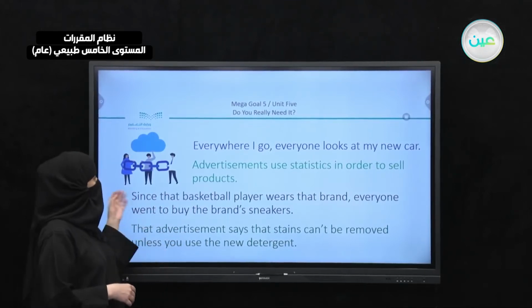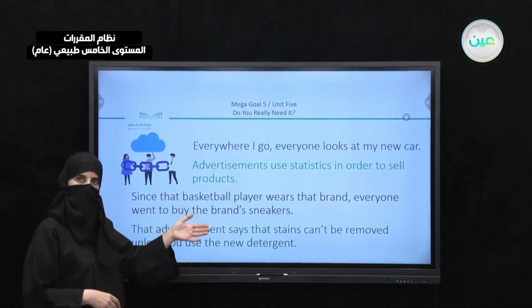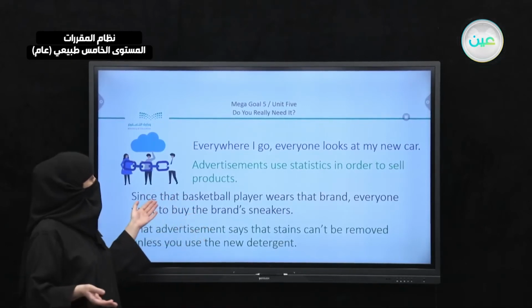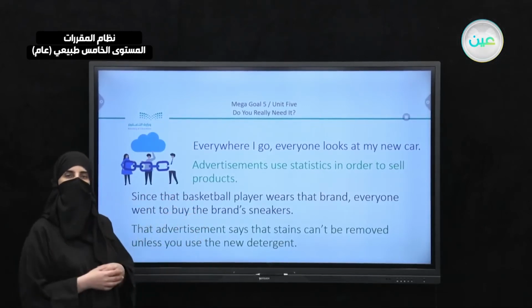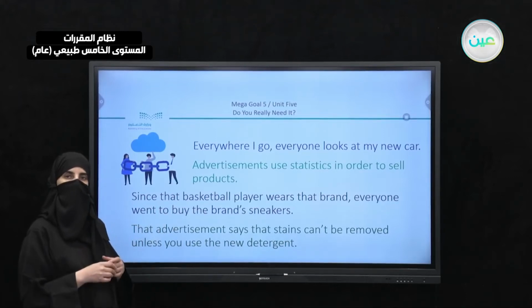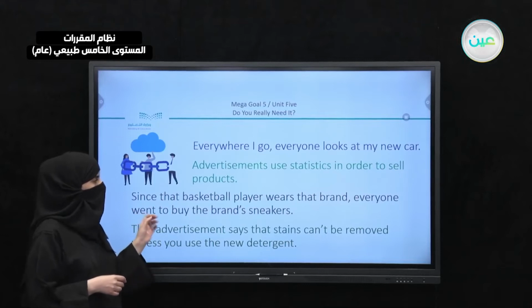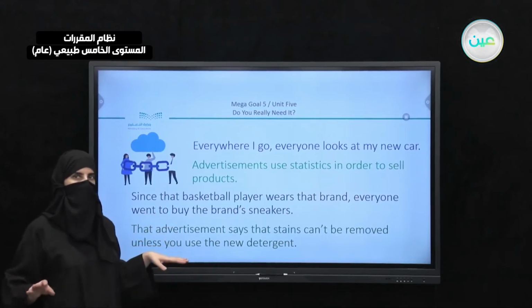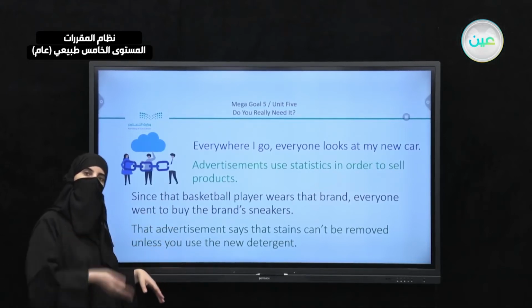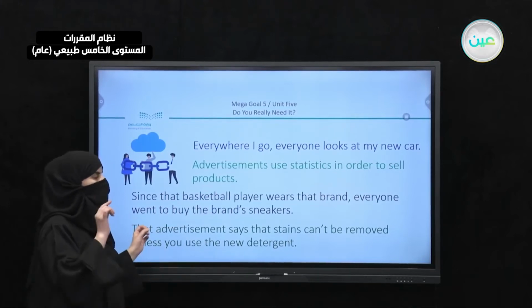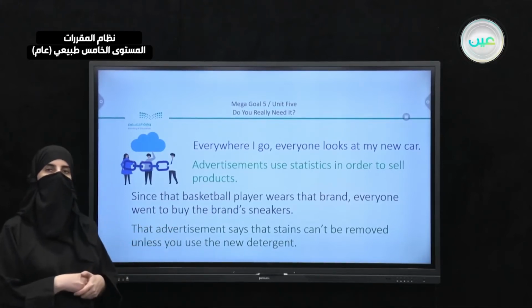Then the basketball player wears the brand, and everyone went to buy the same brand. The last example: that advertisement says that stains can't be removed, this is one idea, and the other idea is unless you use the new detergent.